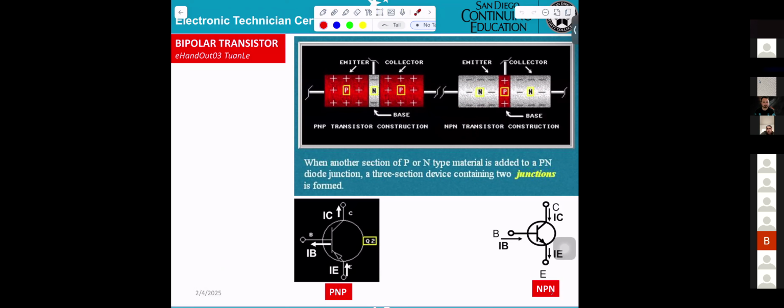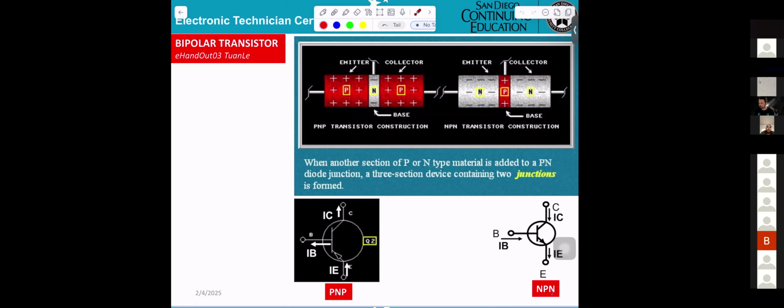PN, that's a diode. So P here and here, one diode, P here and here, another diode. And basically the P and P, they will be opposite. So basically they combine two diodes, then you get a transistor.